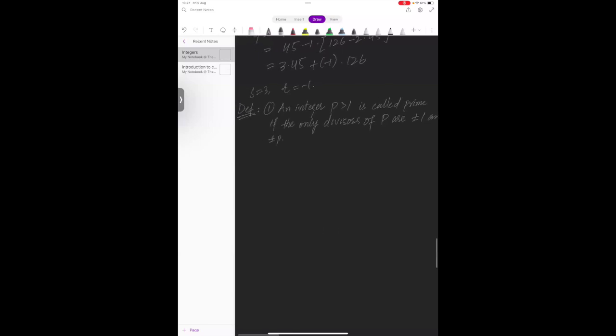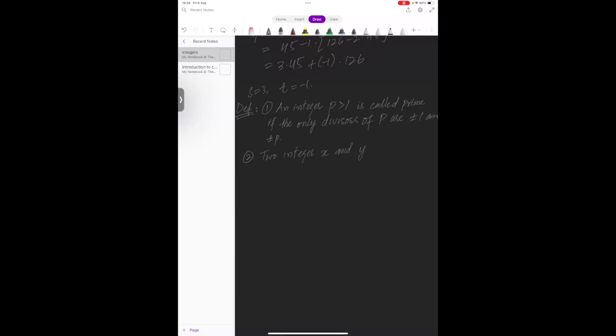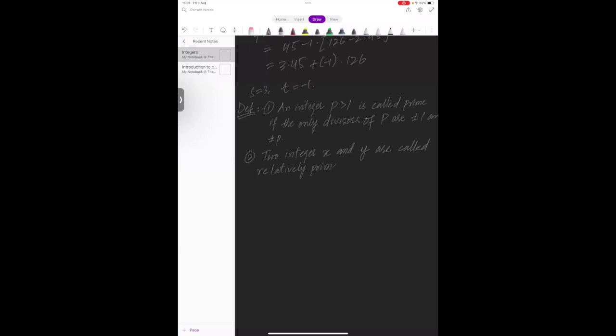Number two, two integers x and y are called relatively prime if their GCD is 1.